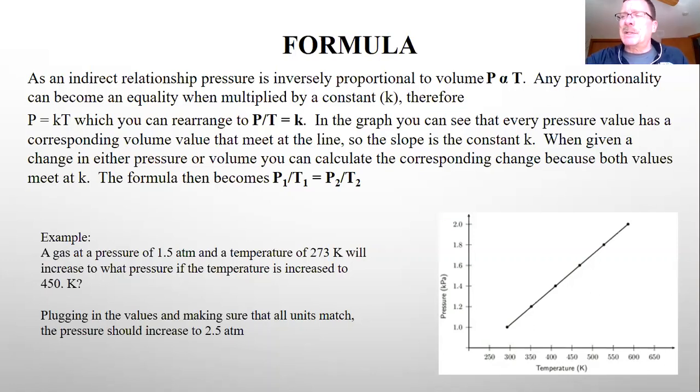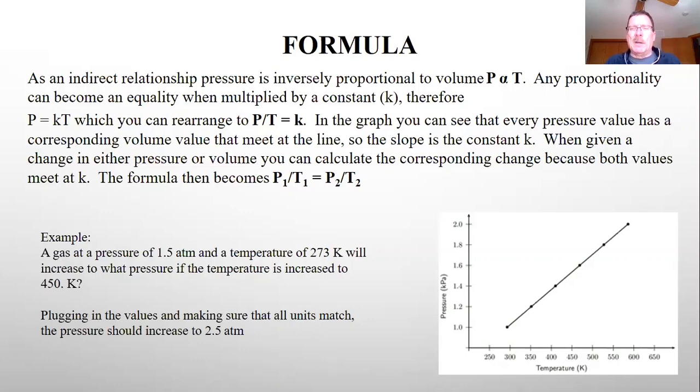Atmospheres is a nice pressure unit to use because it has very small manageable numbers, but that difference of 1 atmosphere is huge. I mean, that's 101 kilopascals. Same difference. So it is big.